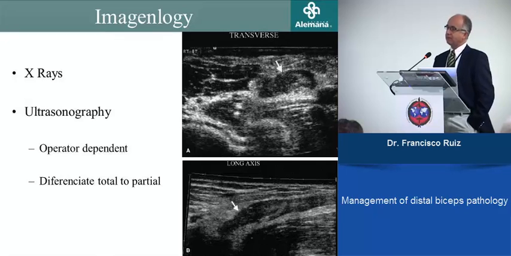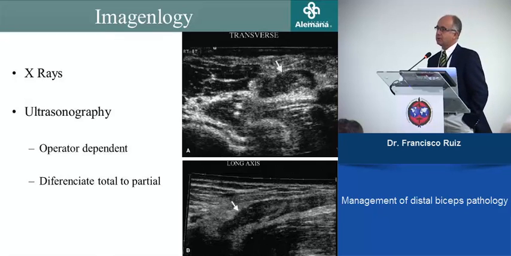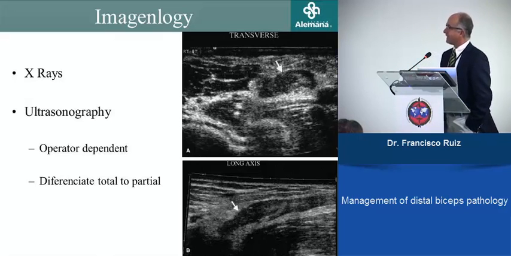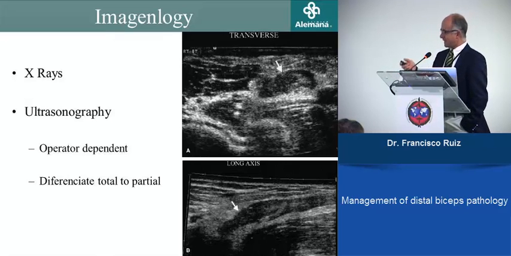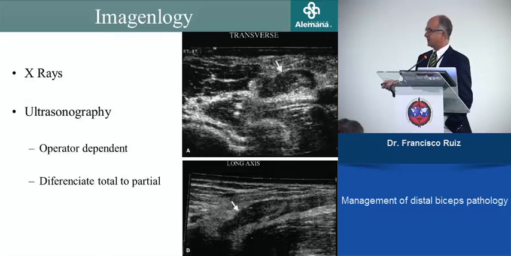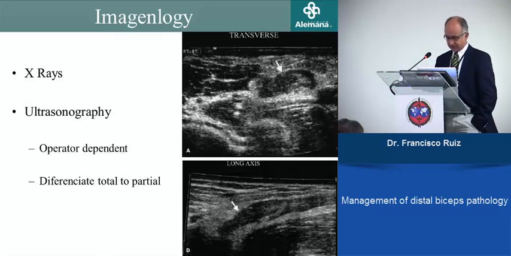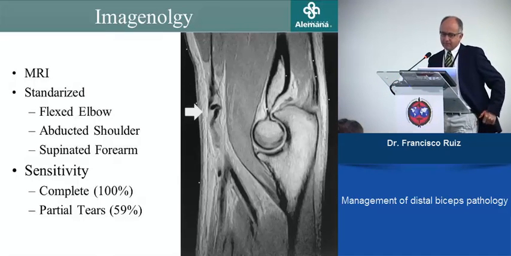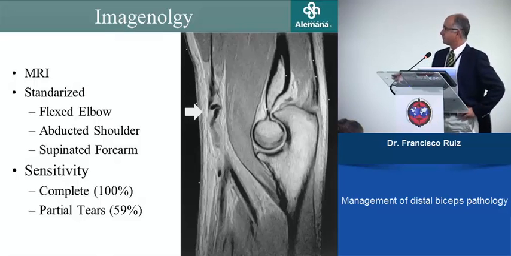X-rays usually are not very helpful, with the only exception that sometimes we can see some avulsions, but they are very infrequent. Ultrasonography is very operator dependent, but on the other side, sometimes it can help us to differentiate between total and partial tears. Maybe in MRI we are luckier.